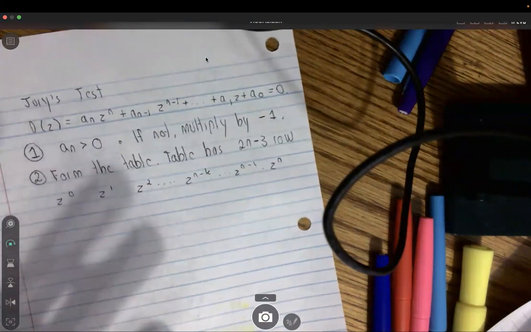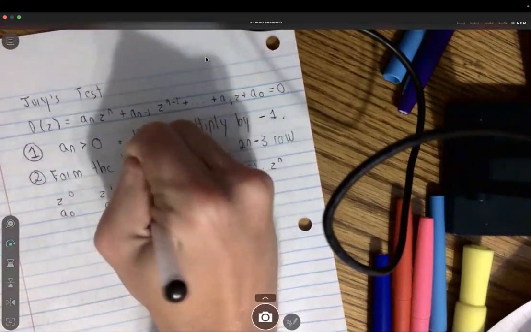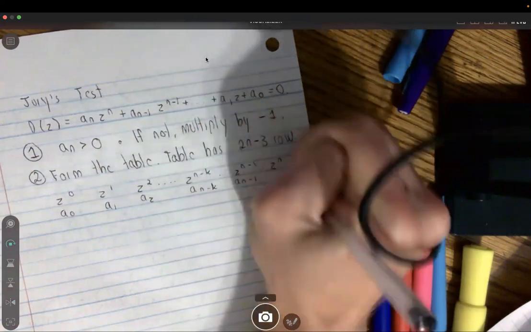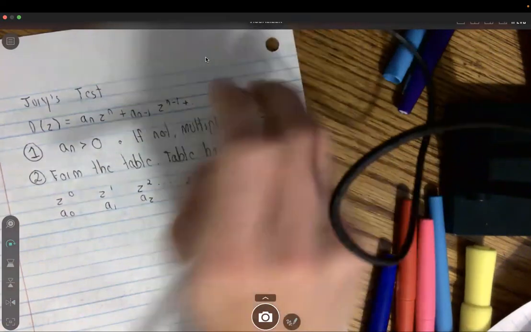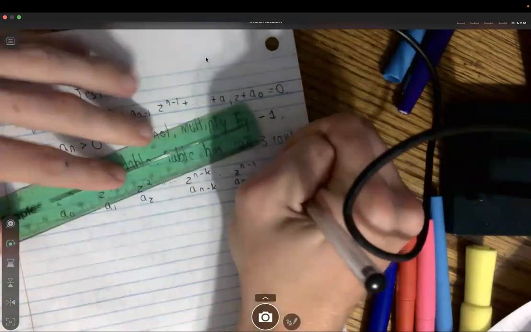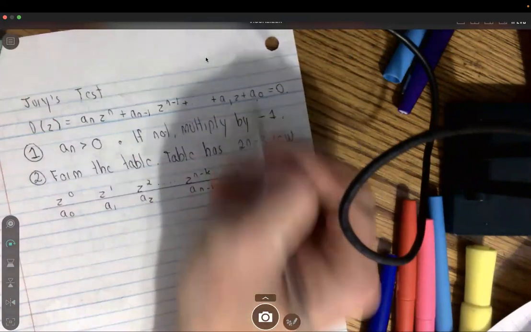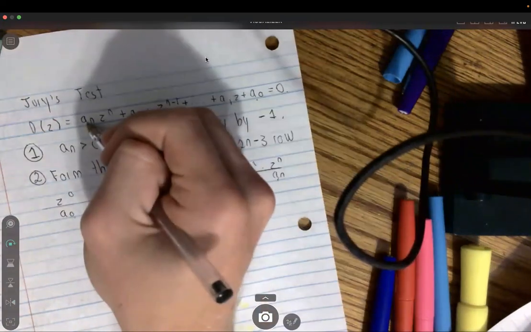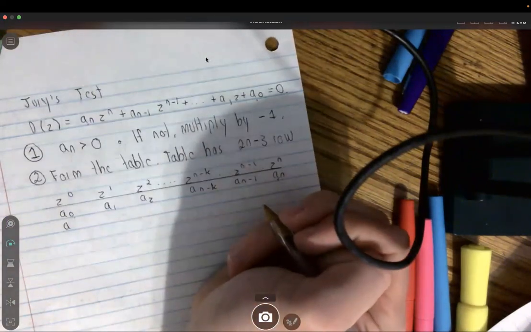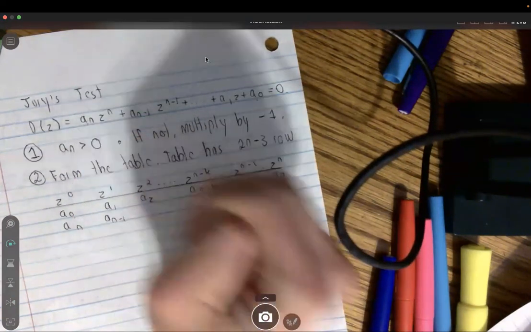It's basically a big table, and you're going to start from a_0, a_1, a_2, then a_(n-k), a_(n-1), and then a_n. That's just based off your characteristic polynomial. Notice that you start with the last coefficient and then get to the first coefficient, a_n. Then in the next row, you literally just flip it: a_n, then a_(n-1). So you're just flipping.